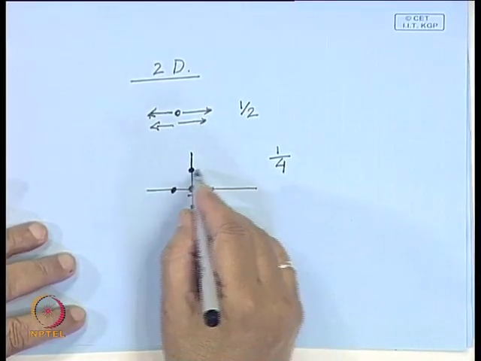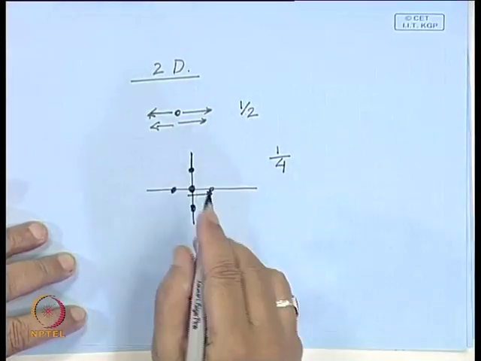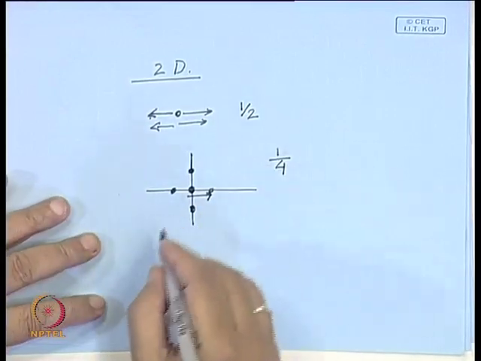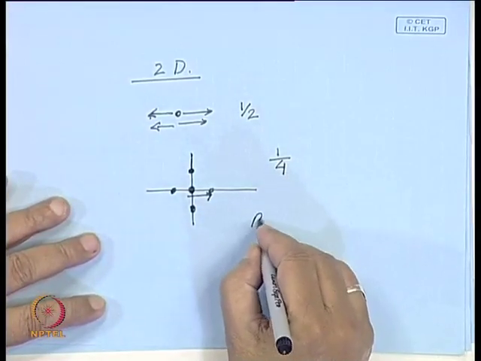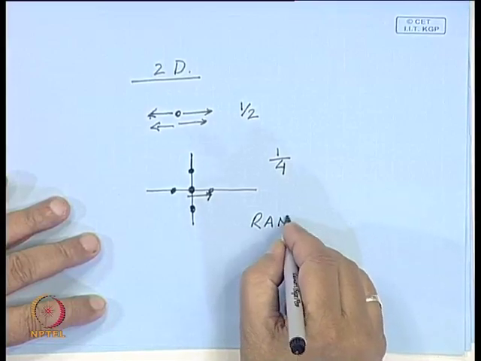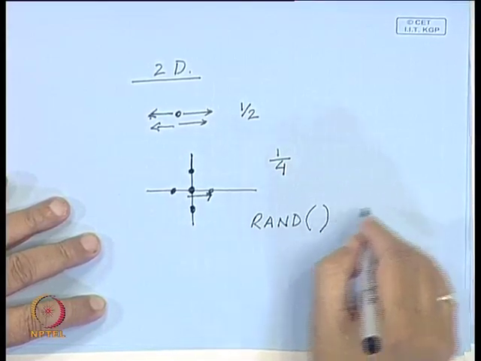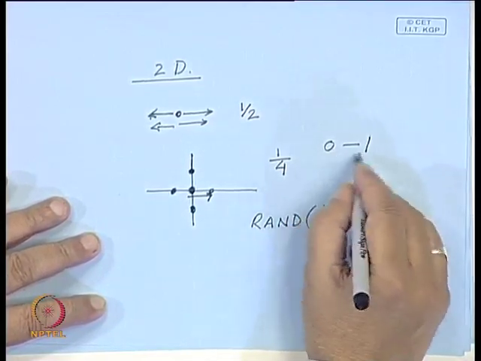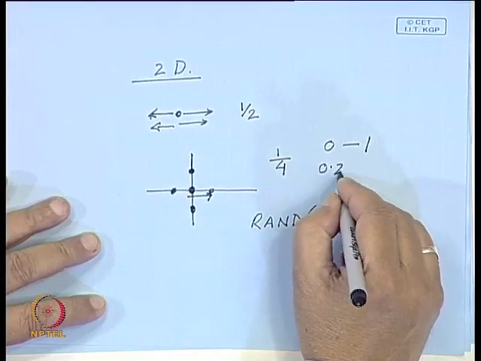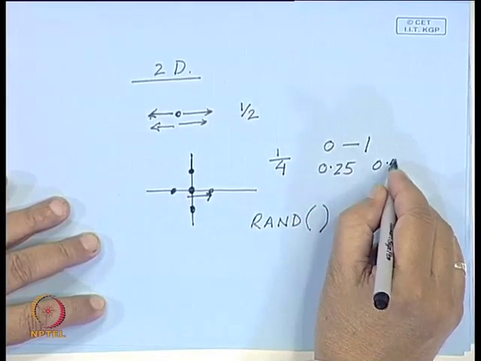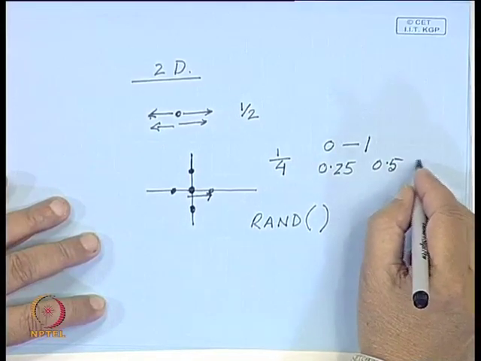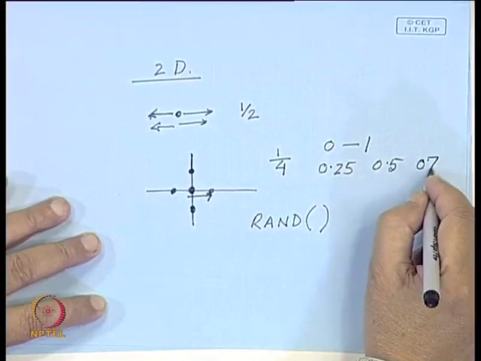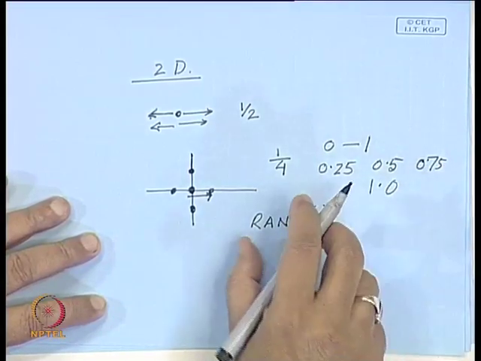So, here also you can consider an array, and then you can set up your spreadsheet calculation in such a way that you use a random number generator, which generates a number between 0 and 1. You group it into 4 groups, say 0.25, 0.5, 0.75 and 1, and you can set this up.